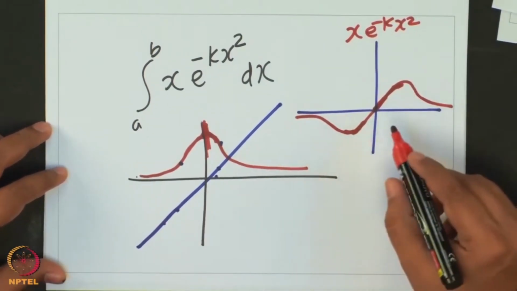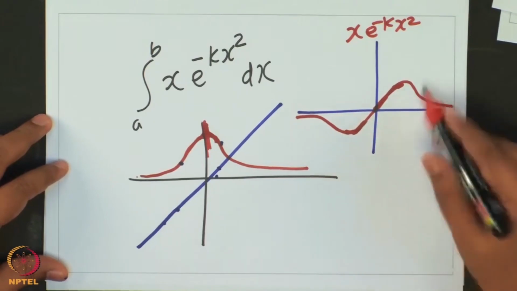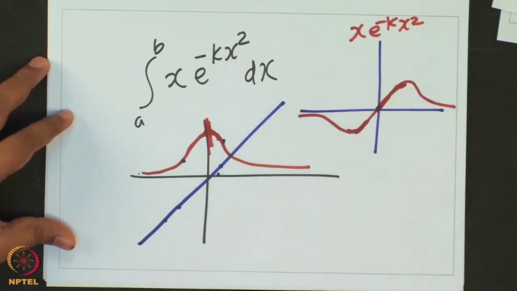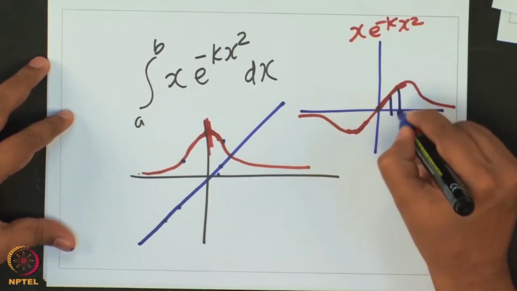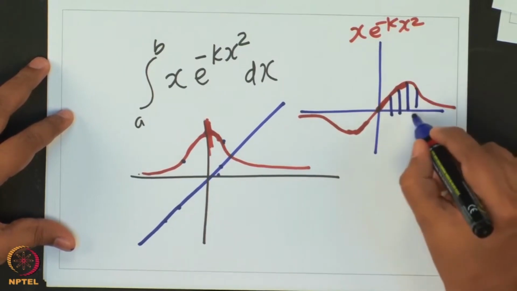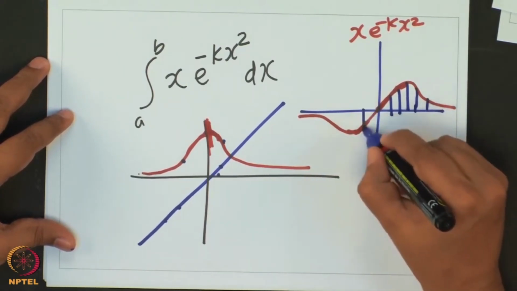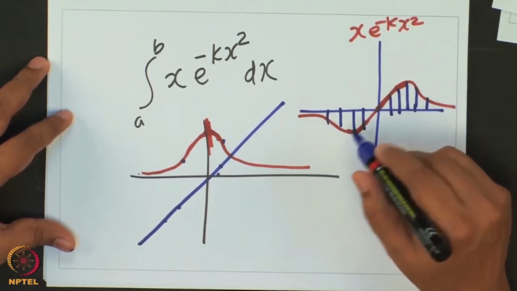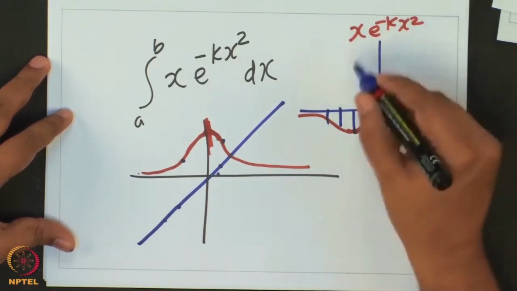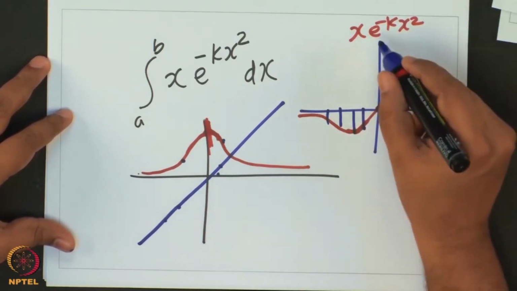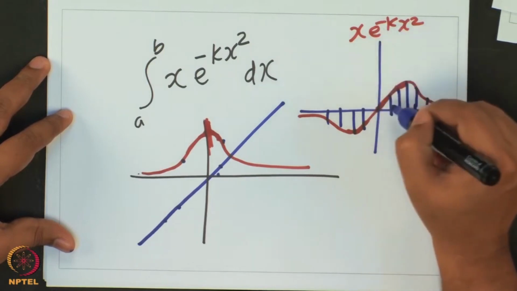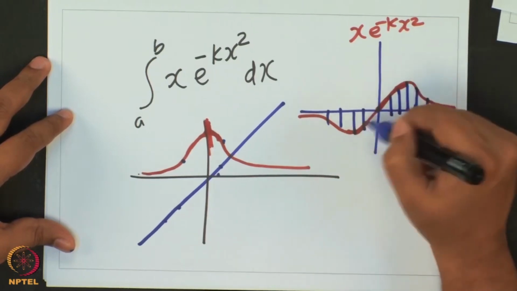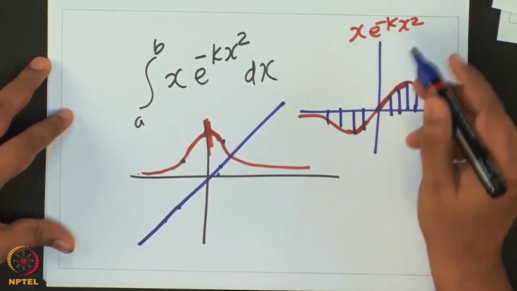Now once you have such a function, we could calculate the area just like we did, dividing this into small boxes and finding the area appropriately. Since the positive part and the negative part look exactly symmetric, in other words, it's an odd function.